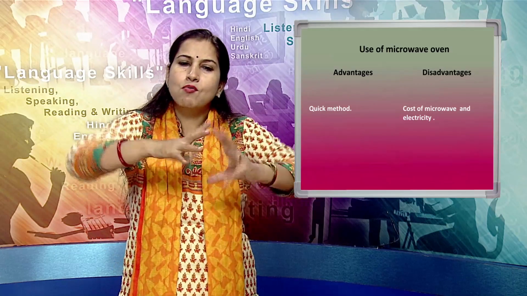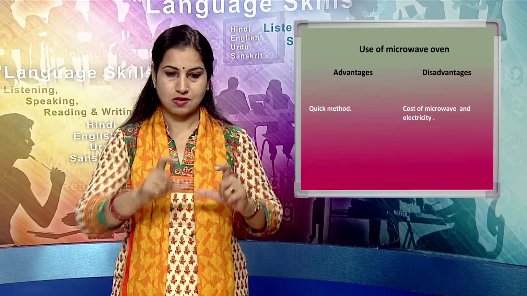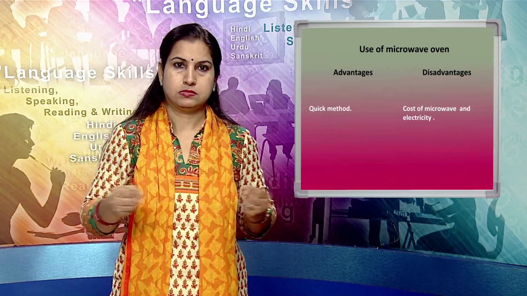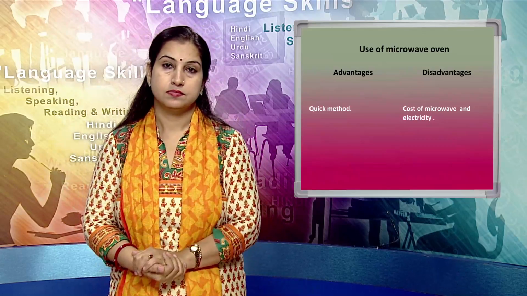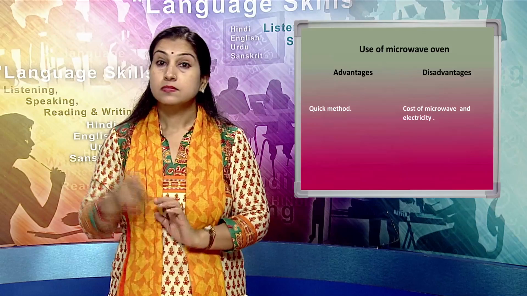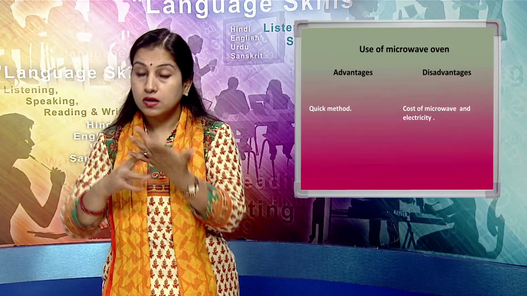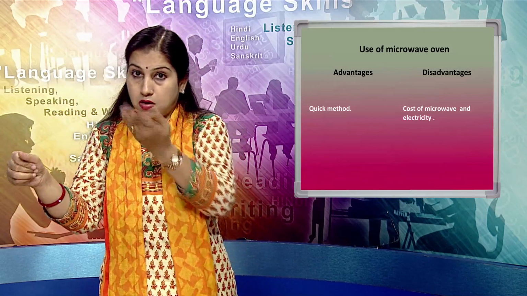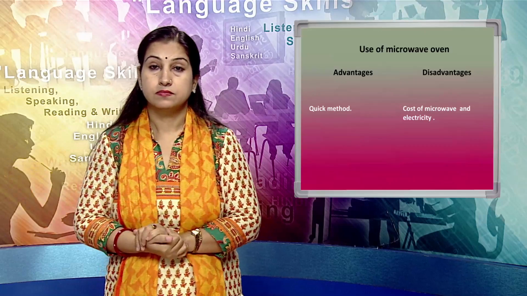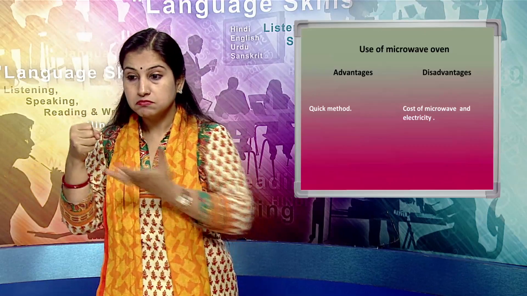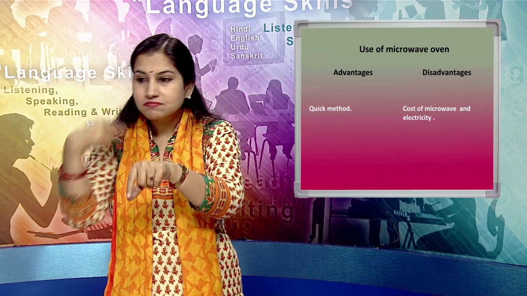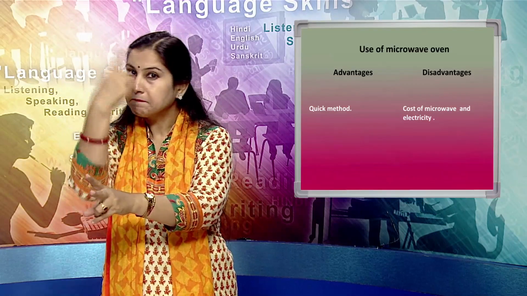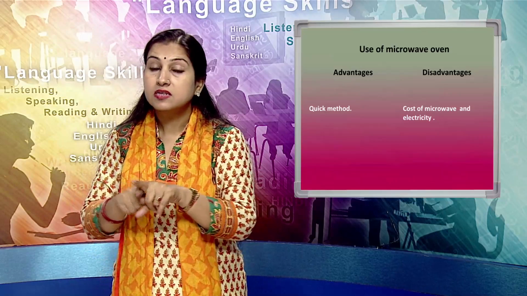Maintains high cleanliness. And the disadvantages are: cost of microwave and electricity is high. Food becomes more dry. Browning of food does not occur. And separate cooking containers are required.